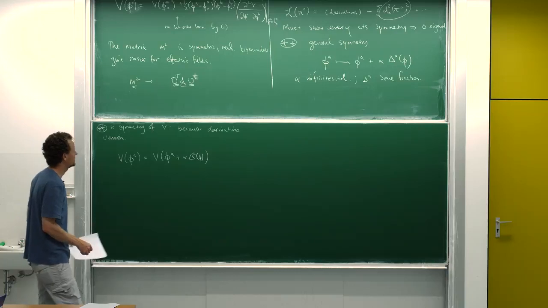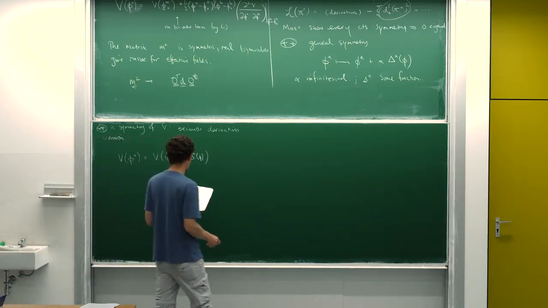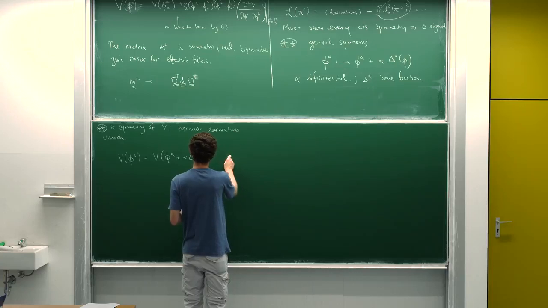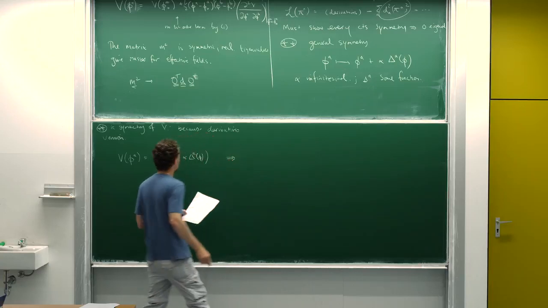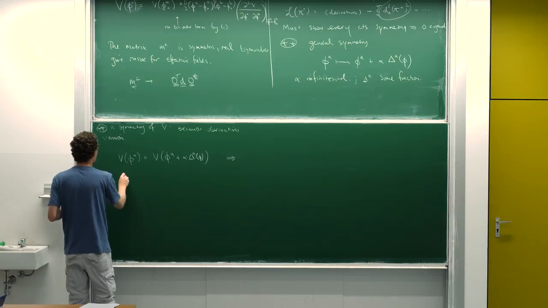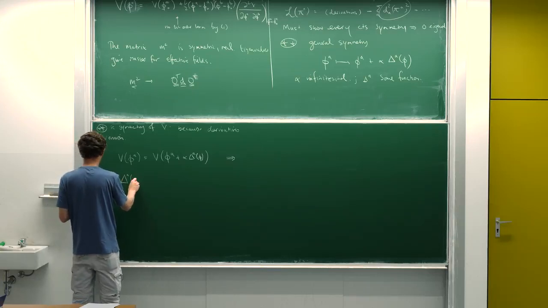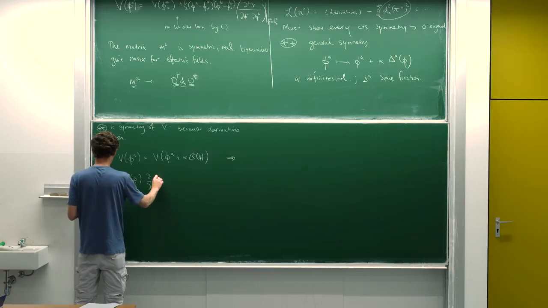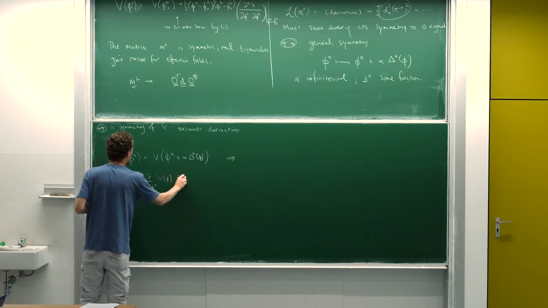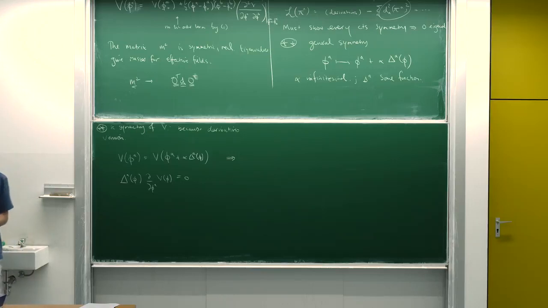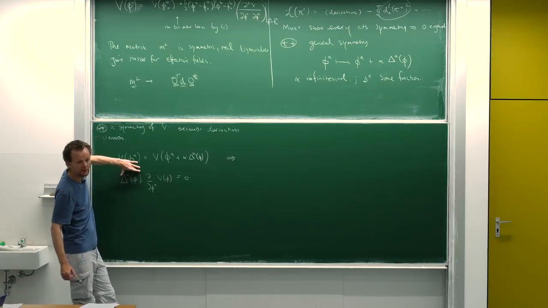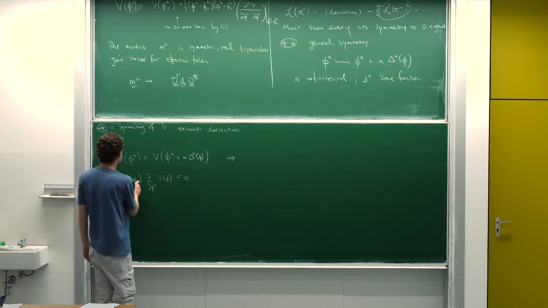That's what it means to be symmetric. But if you expand to first order, and equate order 1 terms, that implies that the directional derivative of the potential in the direction of this vector here is 0.